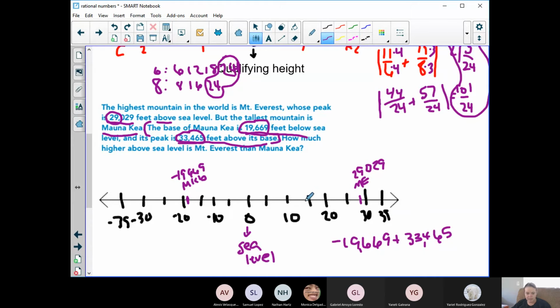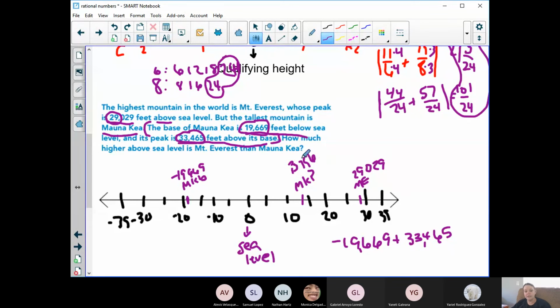So the peak of Mauna Kea is going to be about here. So here's Mauna Kea's peak, which is at 13,796. Excuse my chicken scratch.